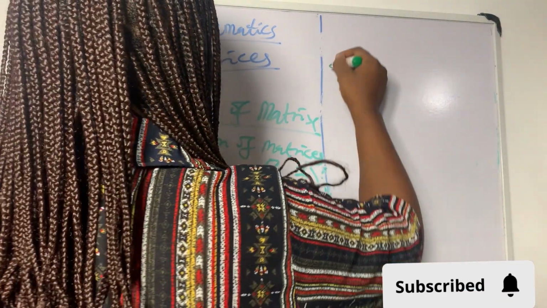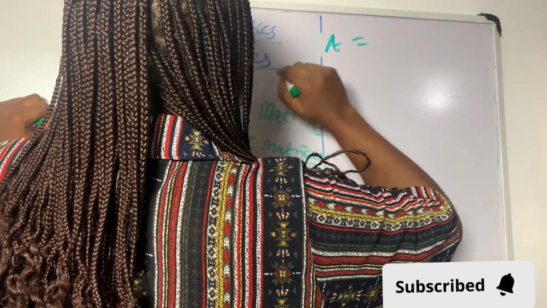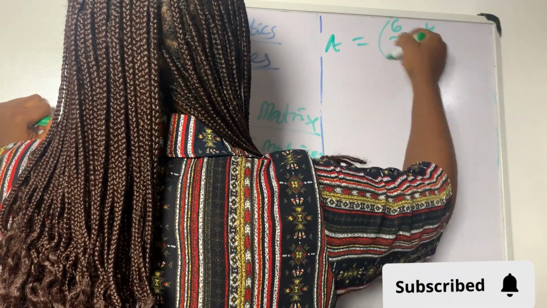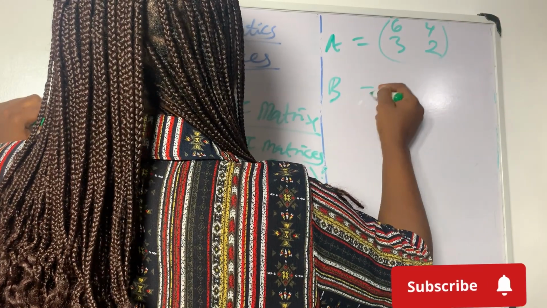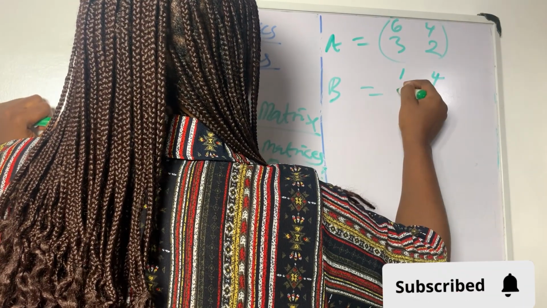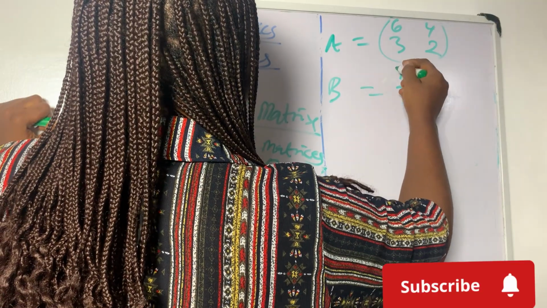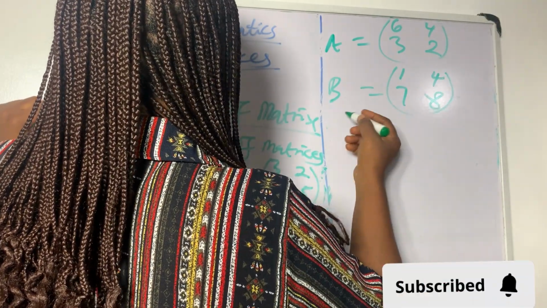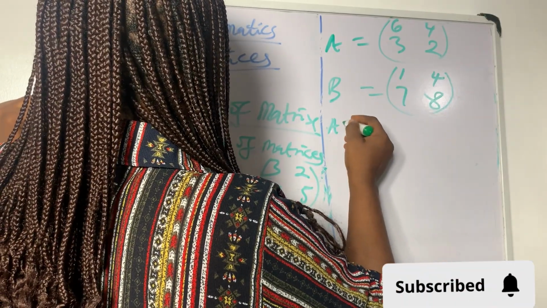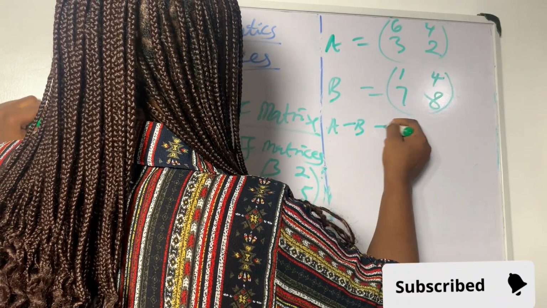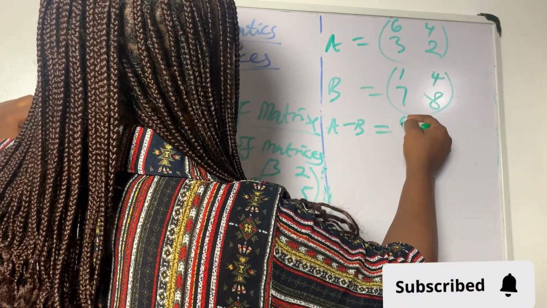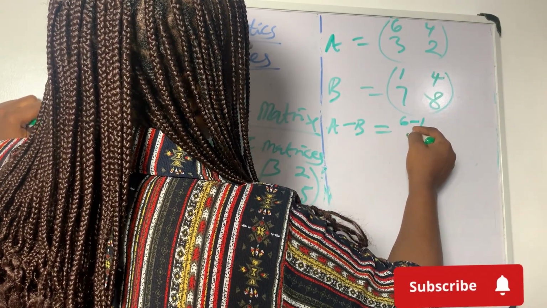Let's solve another example. Given A to be 6, 4, 3, and 2, and B to be 1, 4, 7, and 8, find or subtract B from A. Now, A minus B is simply, just as we did before, 6 minus 1.